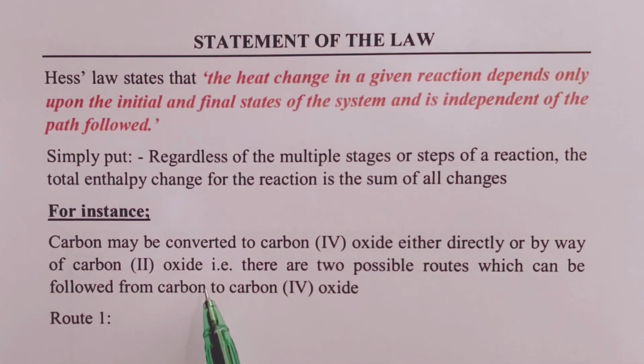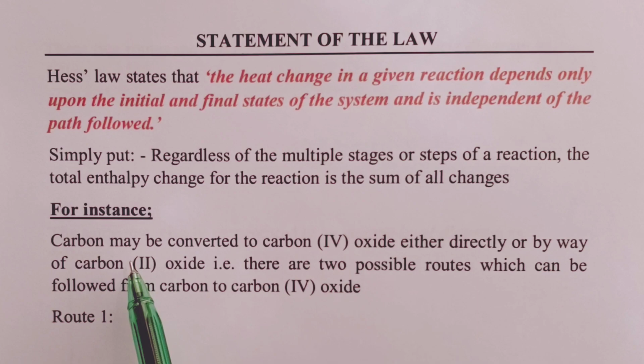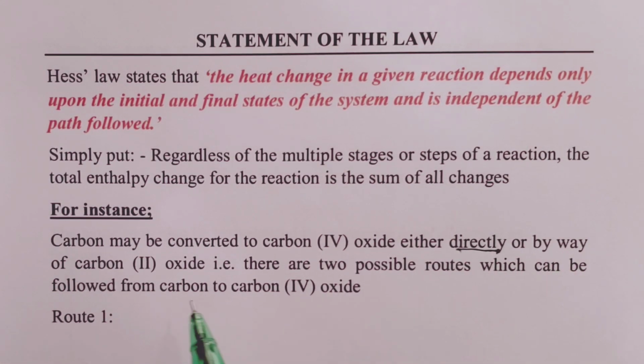To put this statement into perspective, let's have a look at this situation. Carbon may be converted to carbon 4 oxide either directly by burning carbon in excess oxygen, or by way of carbon 2 oxide, where we burn carbon in a limited supply of oxygen to get carbon 2 oxide, which we then oxidize further to give carbon 4 oxide.